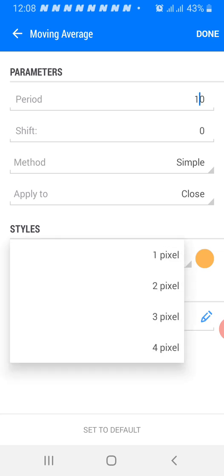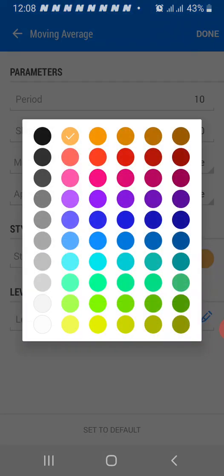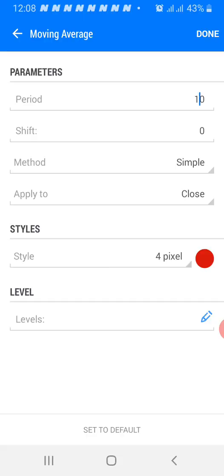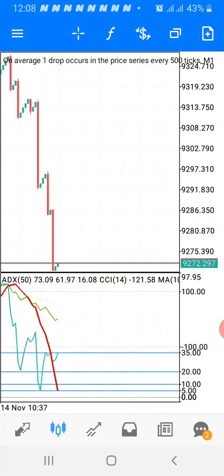Then the style is 4 pixel. The color, let's take red. We're using red. So that's all. You click done. Then the next indicator, which is the last indicator we'll need, is the market facilitation.